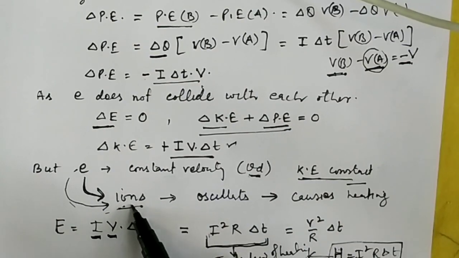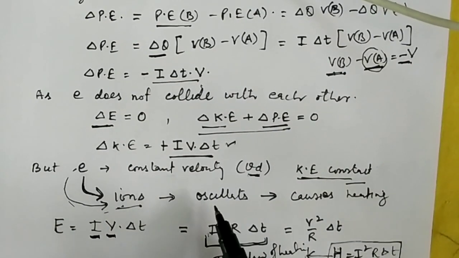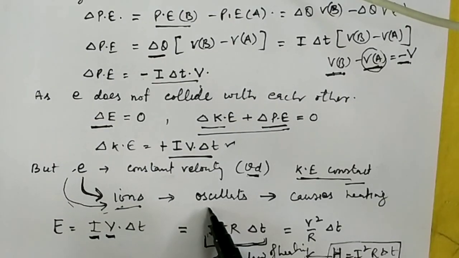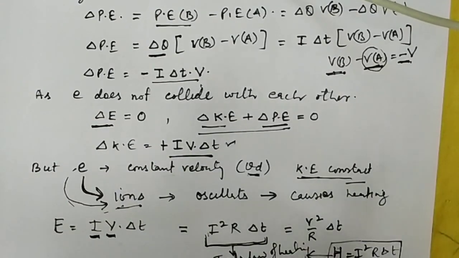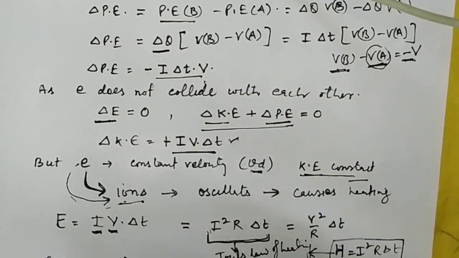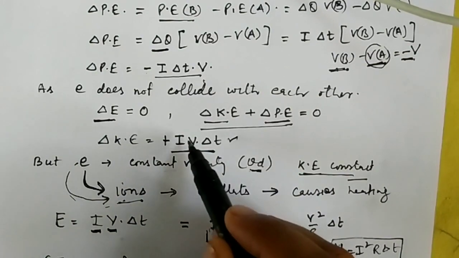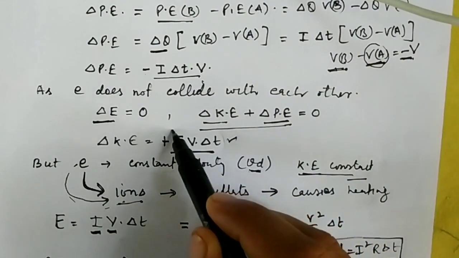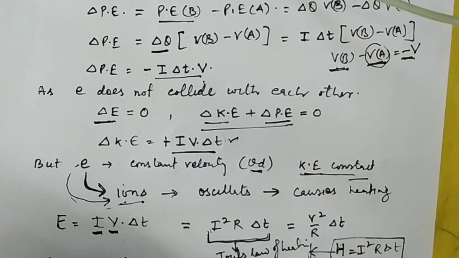Because of this gained energy, these ions oscillate with higher amplitudes, and this oscillation of ions causes a heating effect. So whatever the gained kinetic energy is, that gets dissipated in the form of heat.